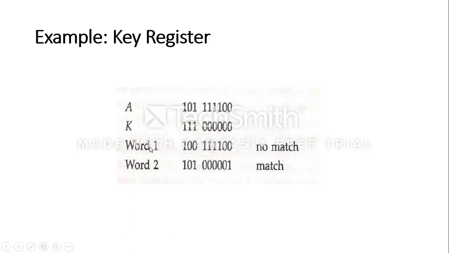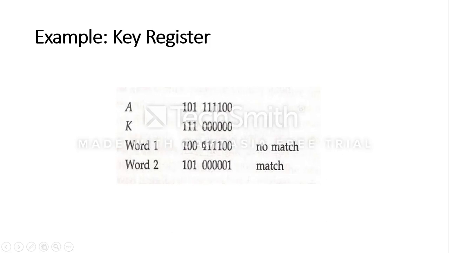So the effect of this masking you can see for these two words of the given associative memory. If you look at the first word, it contains 100 111 100. Because of this mask operation, because we have first 6 zeros in the key register, the first 6 bits will not have any effect in comparison.